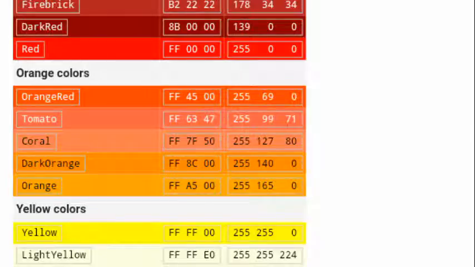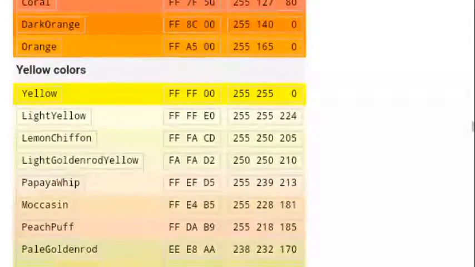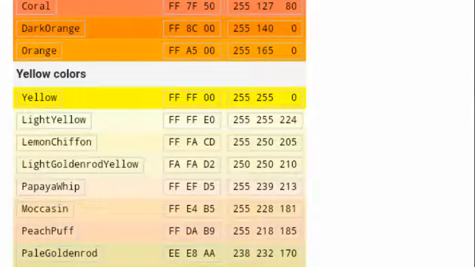And then yellow, red shares dominance with green because all of the green points are now in 200 and a bit of blue. So yellow is a color that is born from red and green.